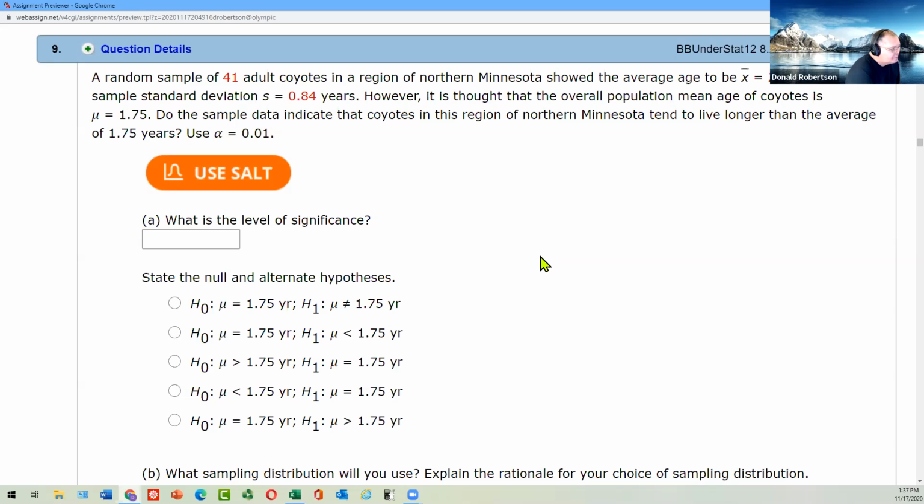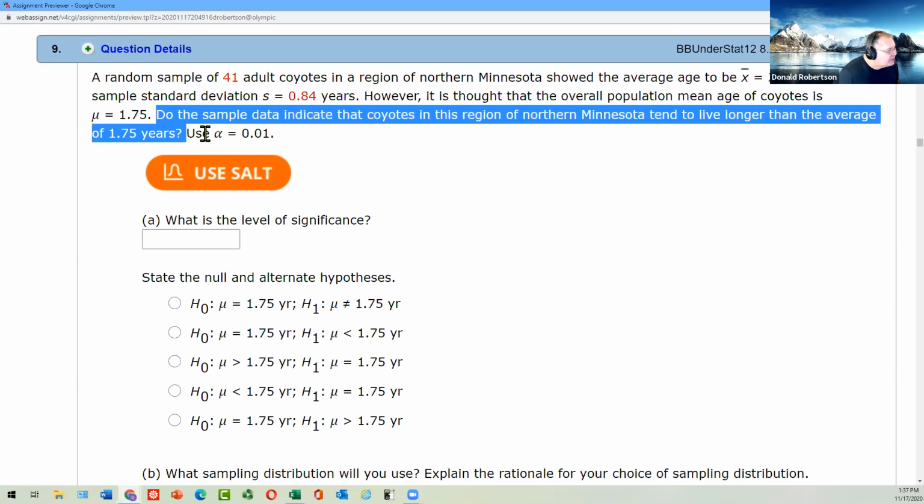All of those things, I've written them down. Now, significance level is 0.01, and the sentence that we're after is: does the data indicate that coyotes in this region tend to live longer than 1.75? Longer, right? More, so mu greater than 1.75, and the other one is equal to 1.75.